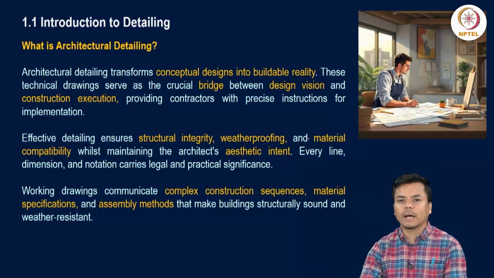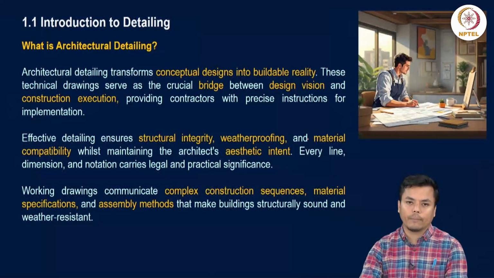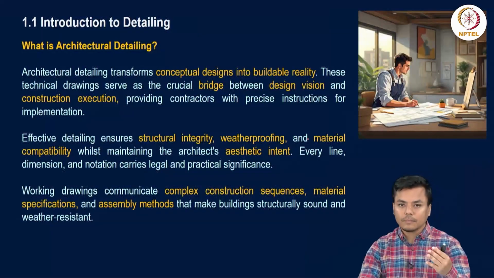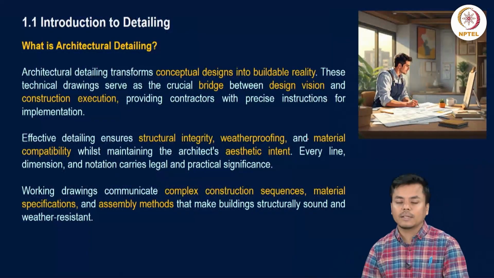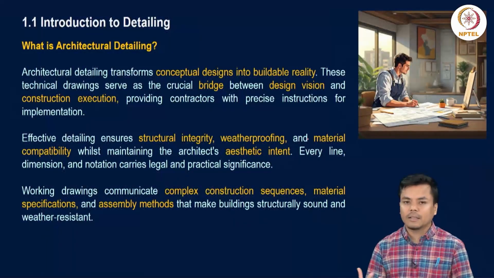So what is architectural detailing? It transforms conceptual design into buildable reality, because at times the concept related to a particular building may be somewhat ambiguous to the person who will execute that project. That is where the conversion of concept to technical drawing is done through detailing, because generally through floor plan, elevation, site section, site elevation and other typical drawings, some minute aspects of the building can't be showcased at a scale of 1:100 or 1:50.